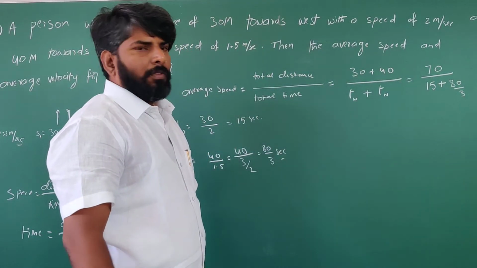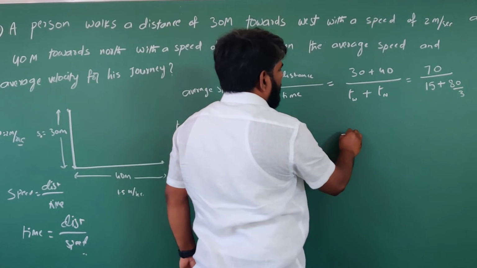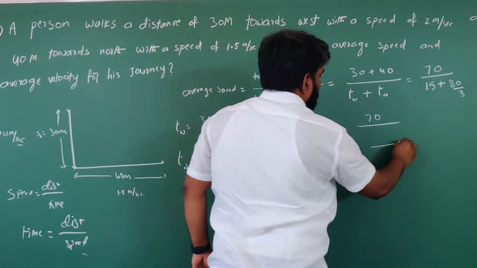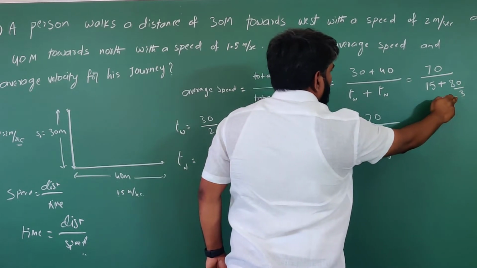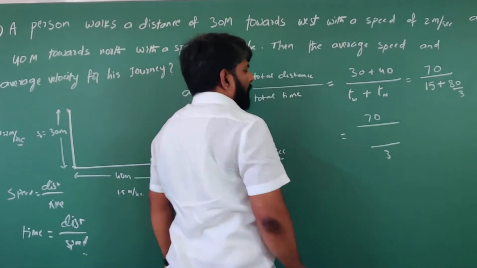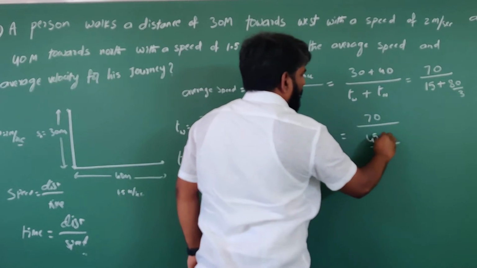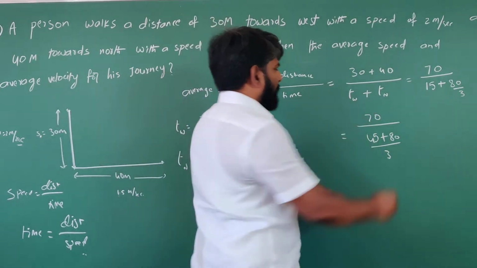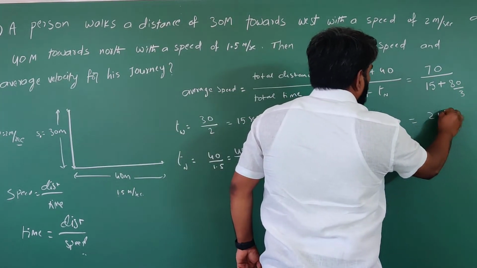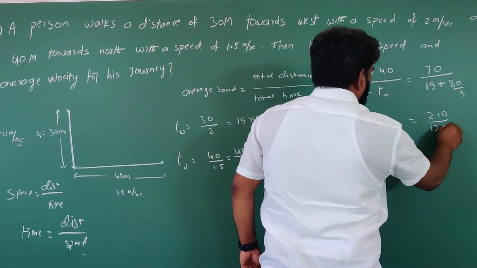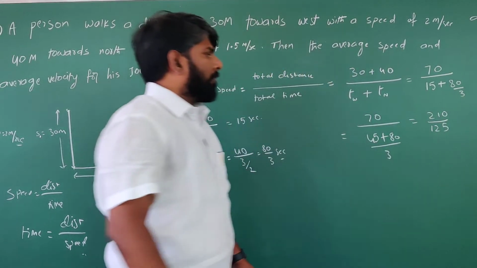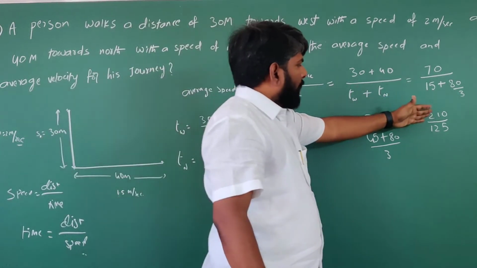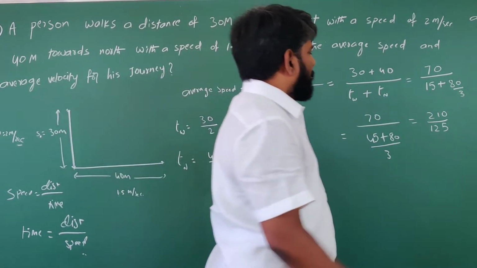Observe clearly: 70 by, take LCM, 3, so 45 plus 80 by 3. The 3 goes up, 3 into 70 is 210, by 80 plus 45, which means 125. Now 210 by 125.